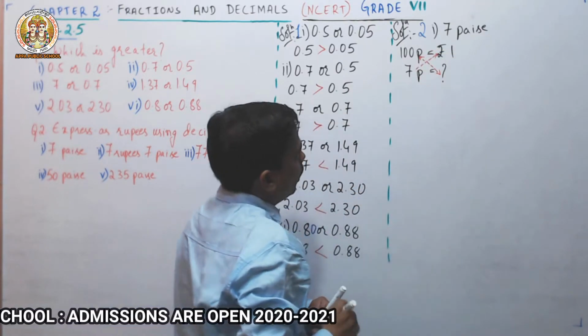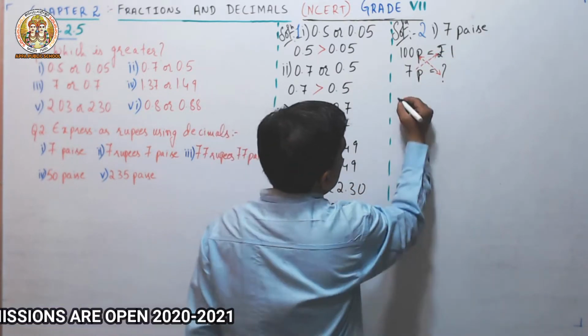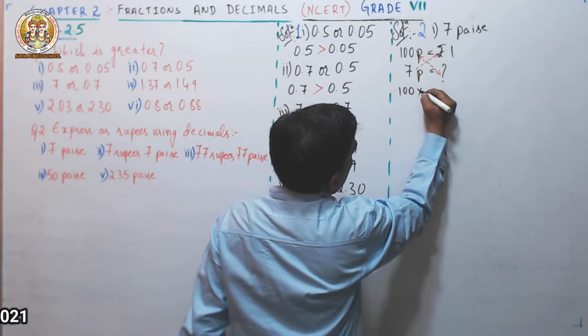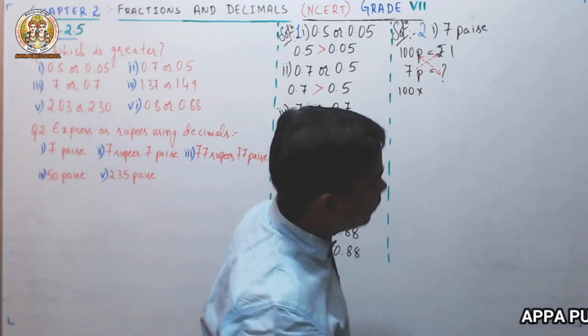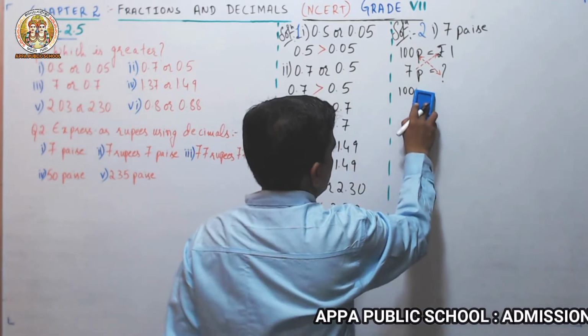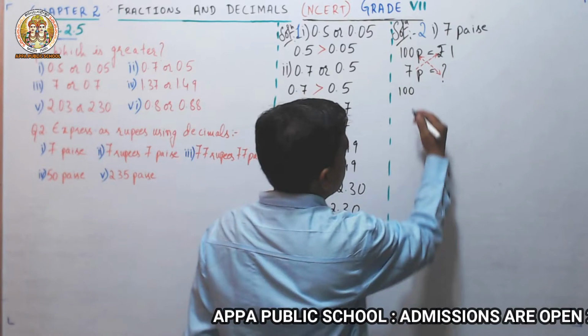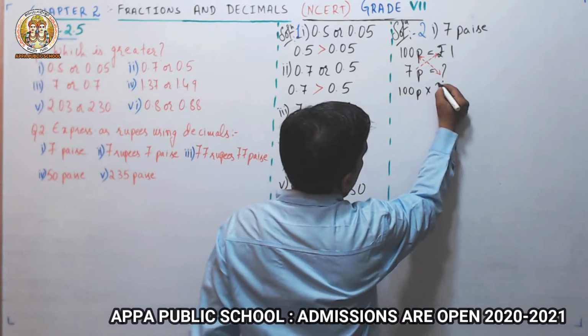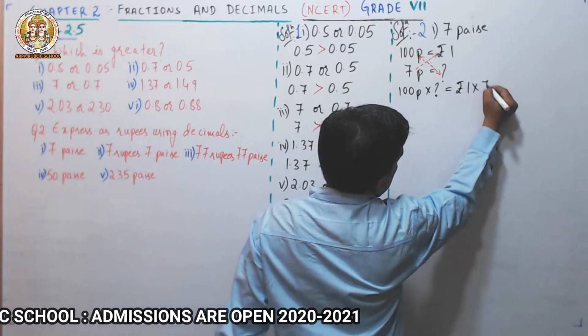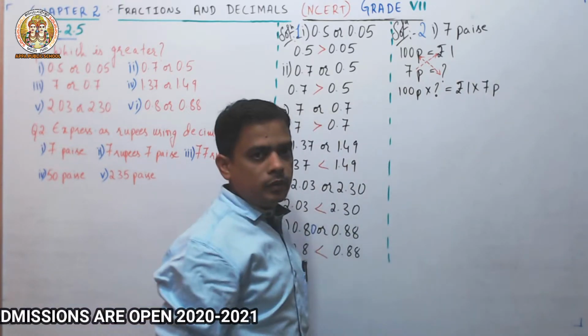So here what I will do is, I will write it as 100 paise into question mark is equal to rupee 1 into 7 paise. Okay.